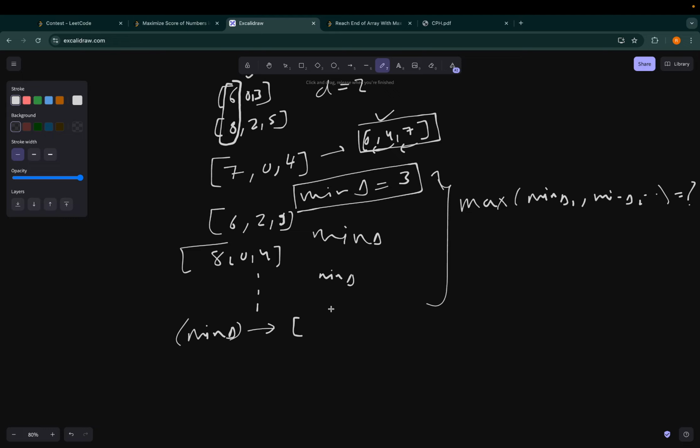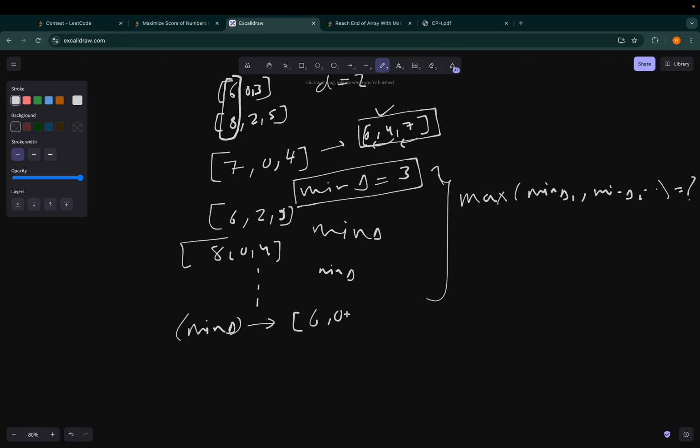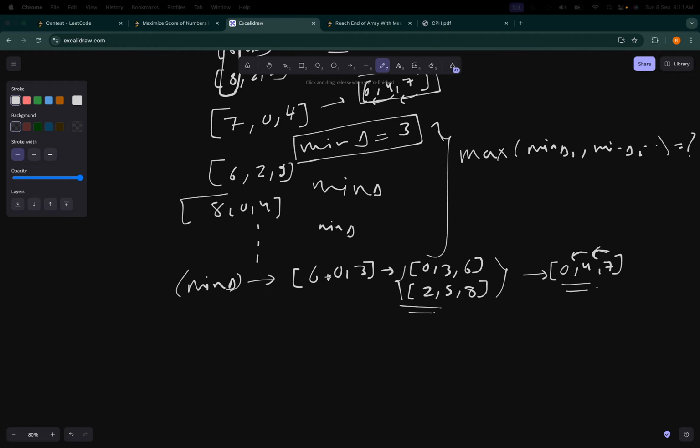What I mean by that is, if you have 6, 0, 3, you can sort it to 0, 3, 6, and then the ranges would become till 2, 5, d is 2, right? So 8, and now you do your picking of numbers. It would give the same answer here. Let's say pick 0, 4, 7, and we just take the consecutive differences. So sorting wouldn't change the answer, that is for sure.